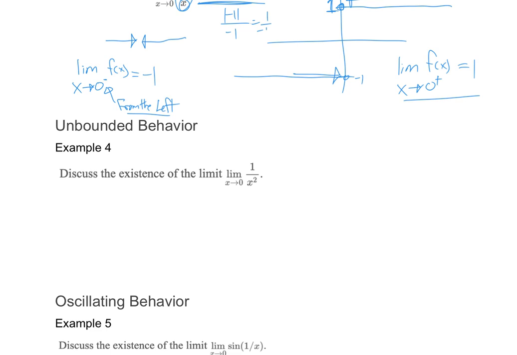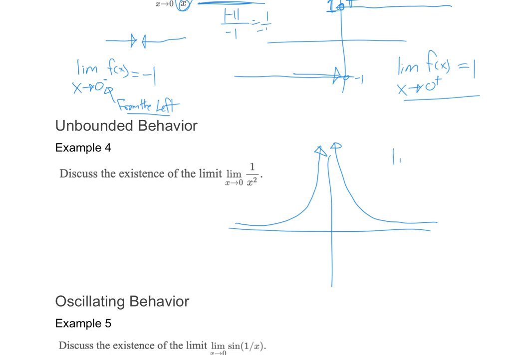Unbounded behavior. Okay? So if we were to graph 1 over x squared, it would look like this. So 0 is an asymptote, and it continues on forever.